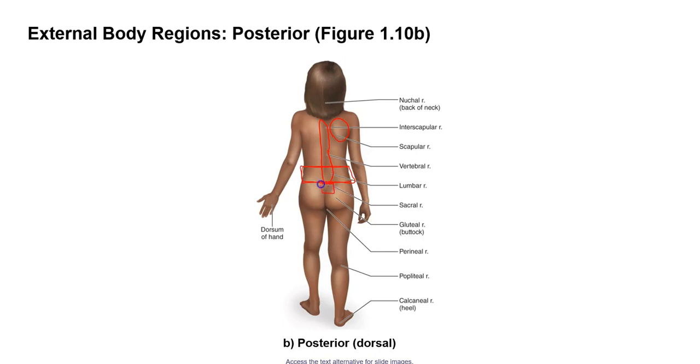Sacral is the small portion at the very bottom of your spinal column. Gluteal is your buttock region, both sides. Popliteal is the back of the knee. It has a different name than the front. And then calcaneal is the heel region. So please spend some time learning those.